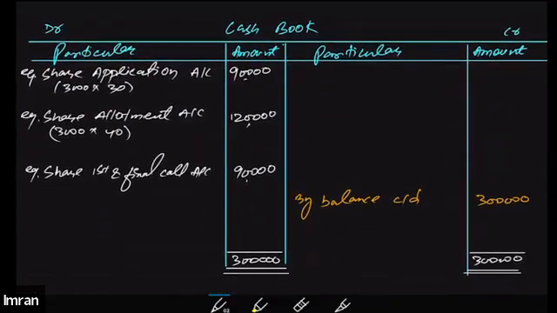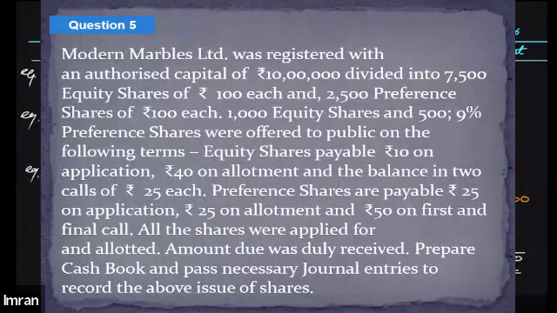This is the cash book. Got it? Is it clear? Anybody having any doubt? Shall we move to the next question now? All right.